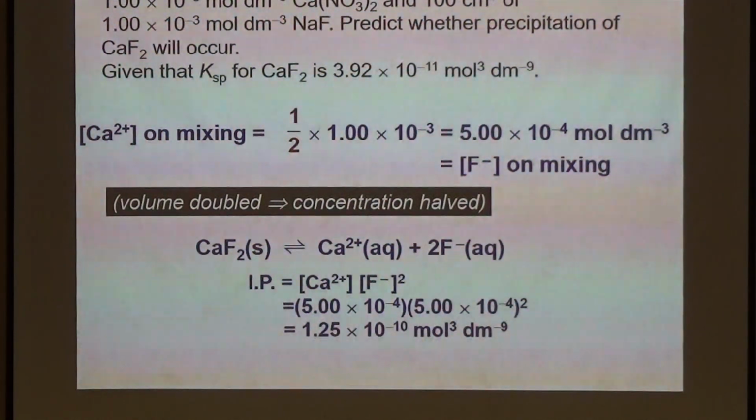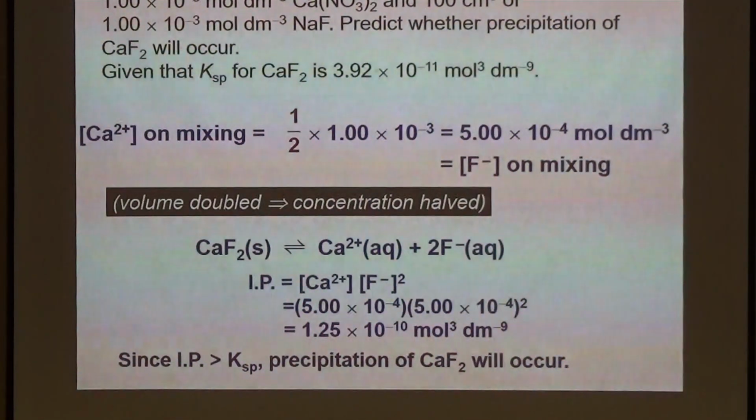Okay, and then you get the IP as 1.25 times 10 to the power of minus 10, which is larger than the KSP for calcium fluoride. Okay, so since IP is larger than KSP, the precipitation of calcium fluoride will occur. Alright? Okay. Any questions so far?